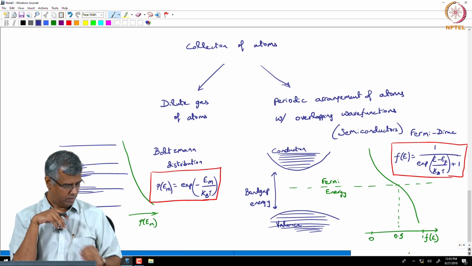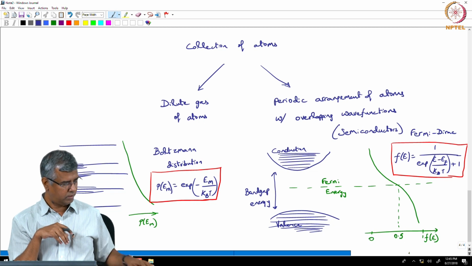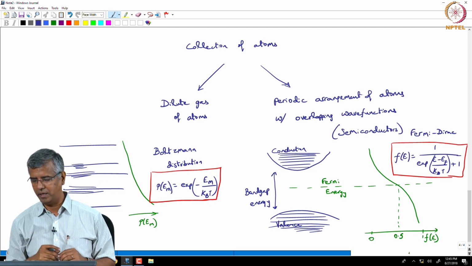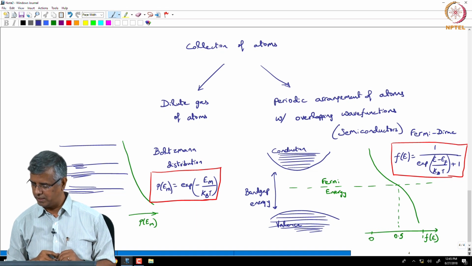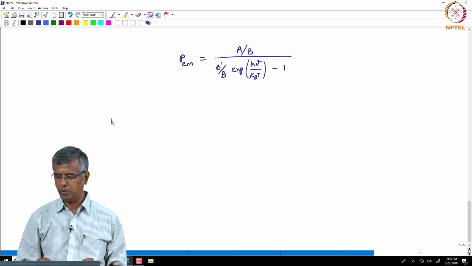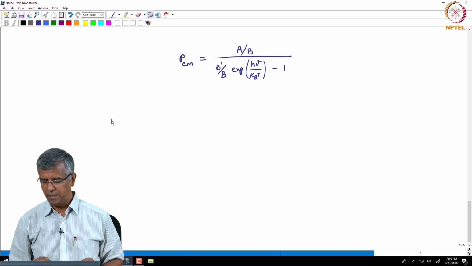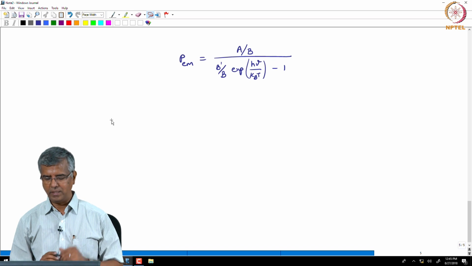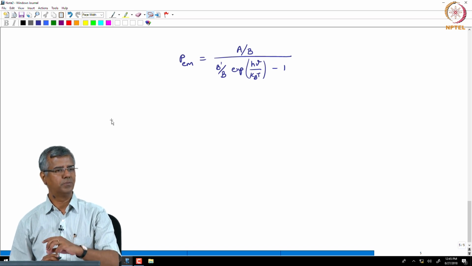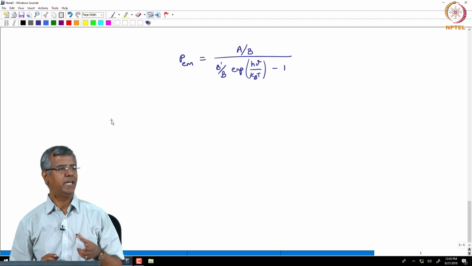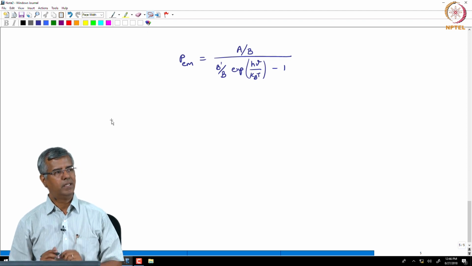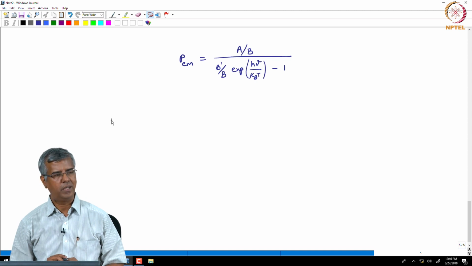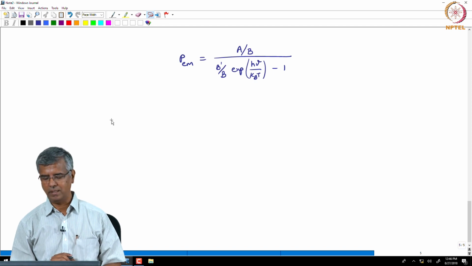Okay, I wanted to go to one more concept, or maybe I will just give you a hint about this and we will continue in the next lecture. I am looking at this expression and reading into it from the perspective of the relative value of kBT and h nu, because based on those relative values, the value of the probability density of emission changes quite rapidly.